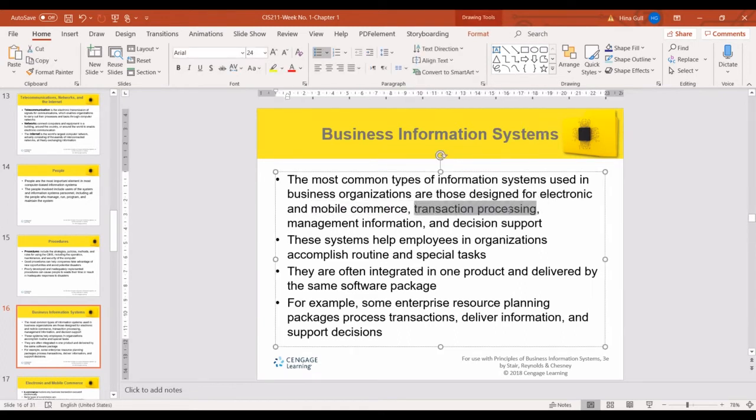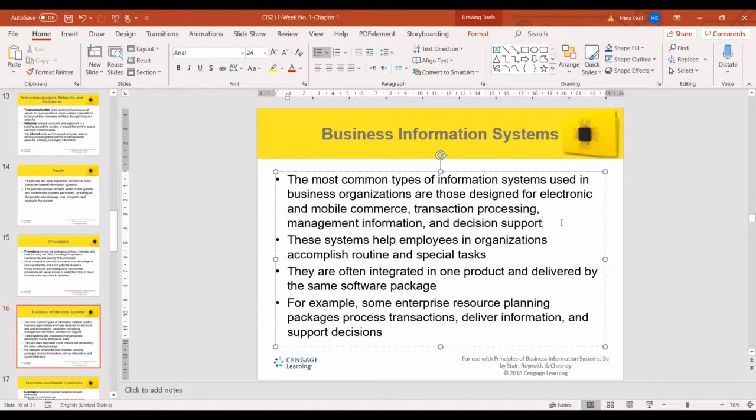We have transaction processing, we have the finance department. Management information, yes. As I told you, if we have a complete dashboard available in the information system where we can apply for vacations, ticketing, scholarship, housing, and many things, that is called a management information system.